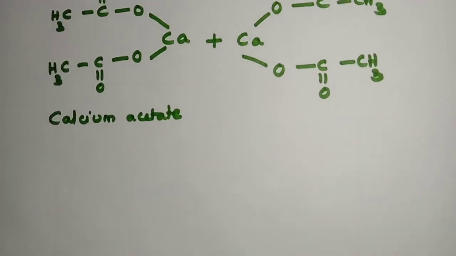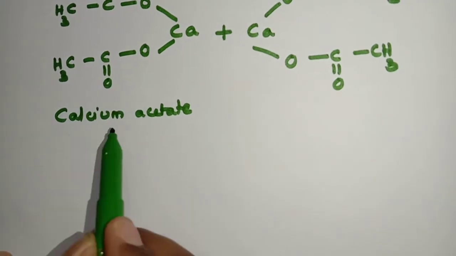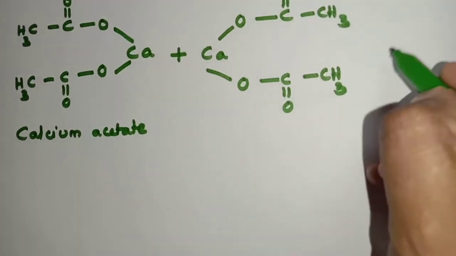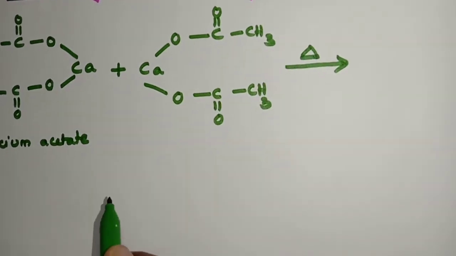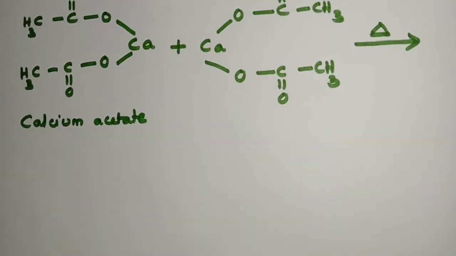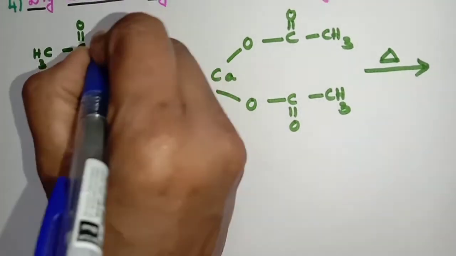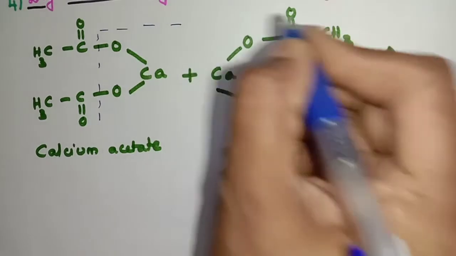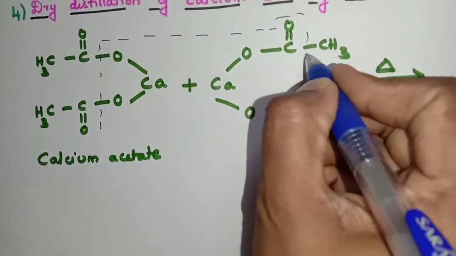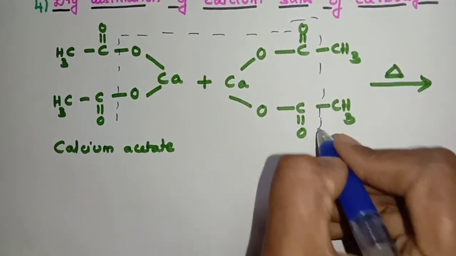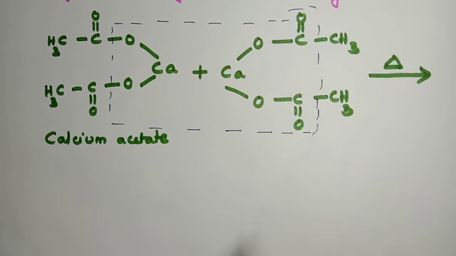Now, for our method, dry distillation, 2 molecules of calcium acetate are taken and when these 2 molecules are heated, the bonds break like this.